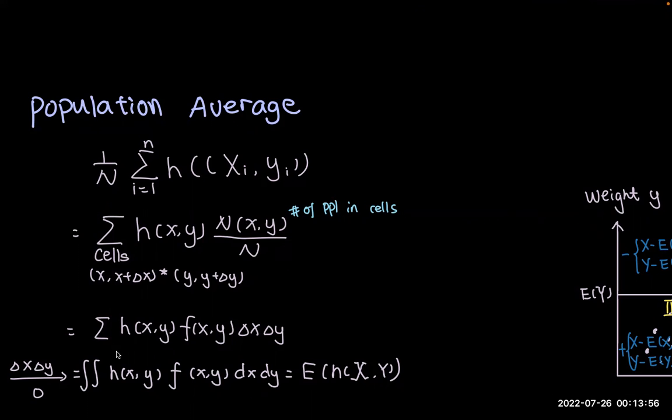And then you have this summation. If you let delta x, delta y be infinitesimally small, then this summation becomes the integral of h of x, y times f of x, y, where delta x, delta y become dx dy in the integration notation. This population average we denote as the expectation of h of X, Y. Capital X and capital Y indicate a random point following this density, or a random point drawn from this population of points.